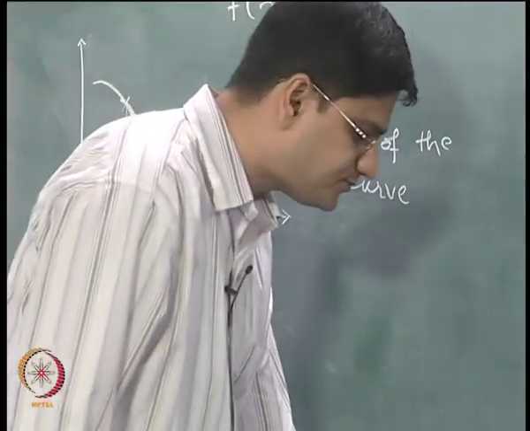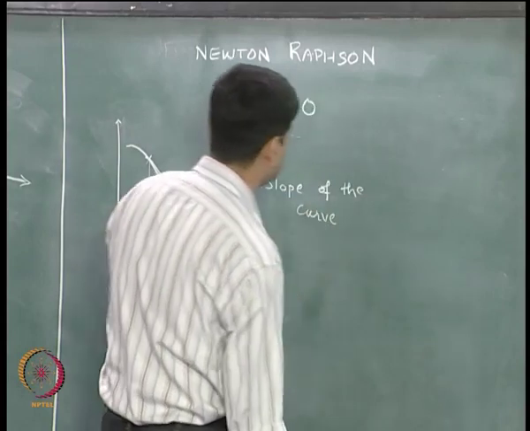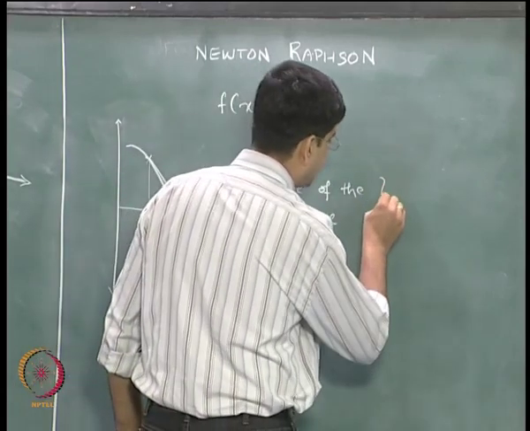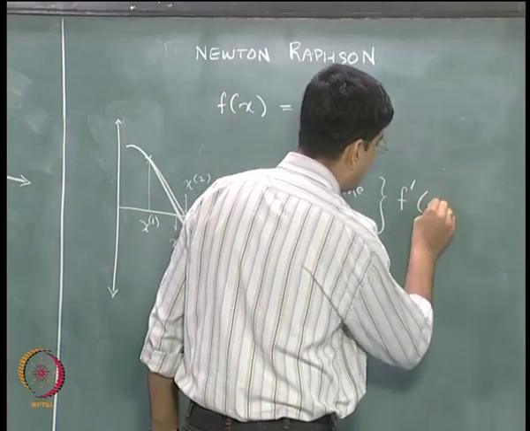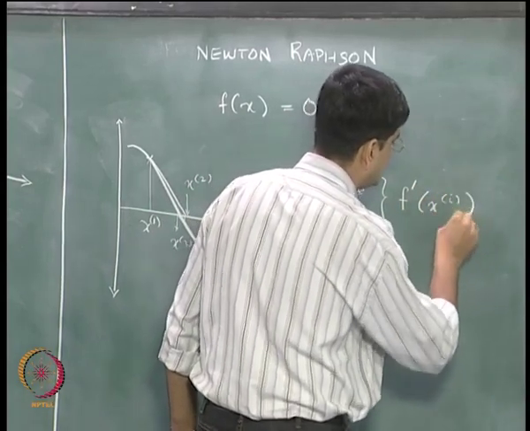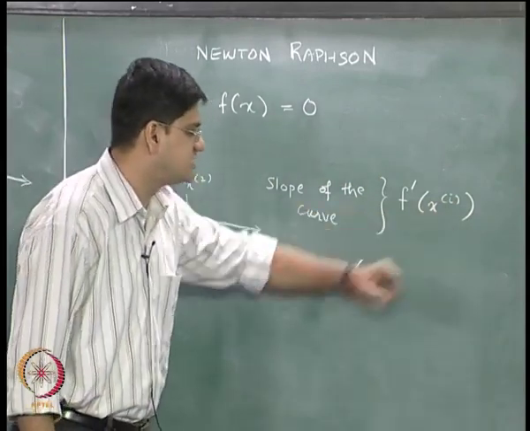So essentially we find the slope of the curve at xi. The slope of the curve at xi is nothing but f dash of xi.